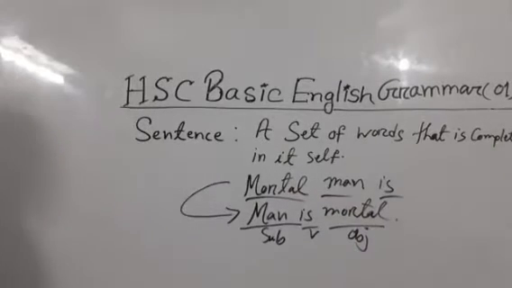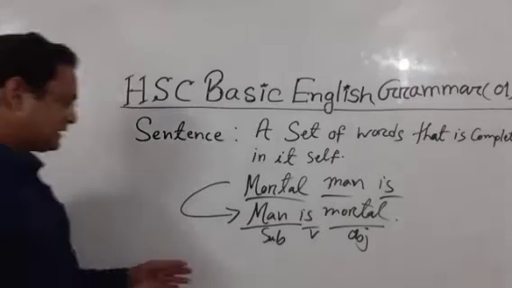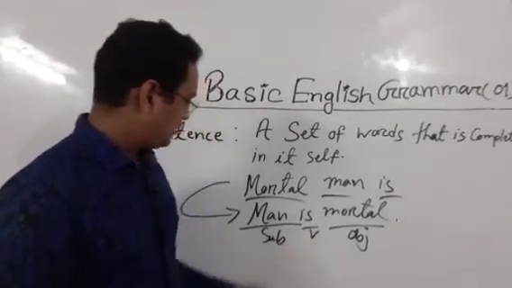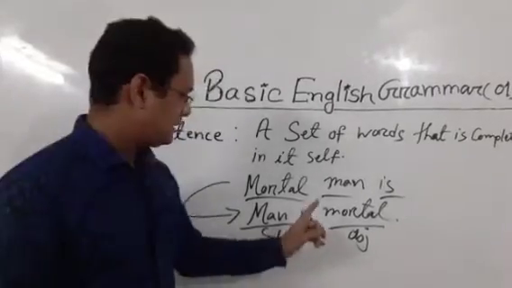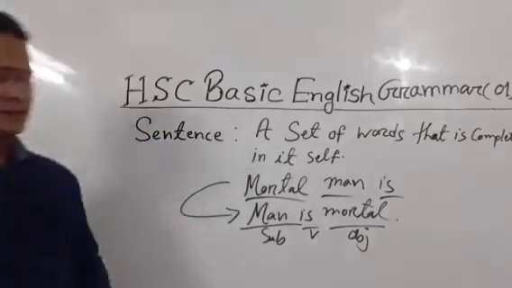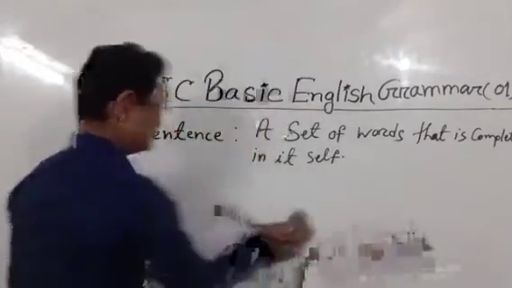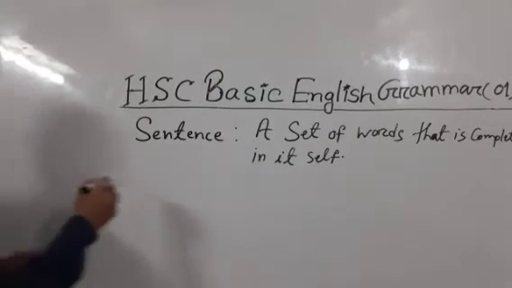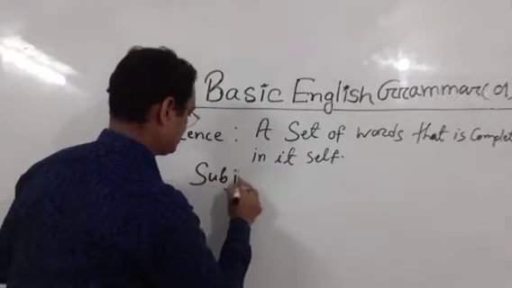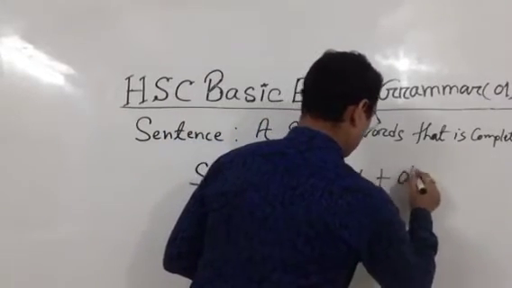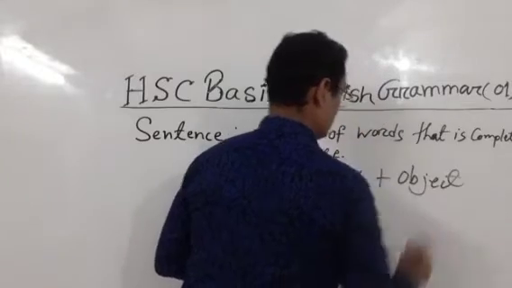So these three parts are very much important for an English sentence: the subject, verb, and object. Subject is the start of a sentence, and there must be a verb, a regular verb or irregular verb, and there must be an object or complement.